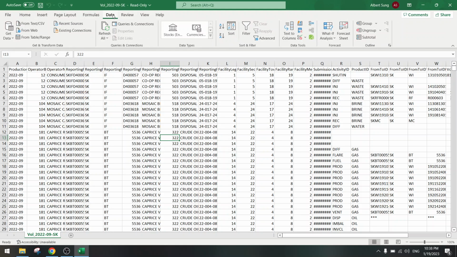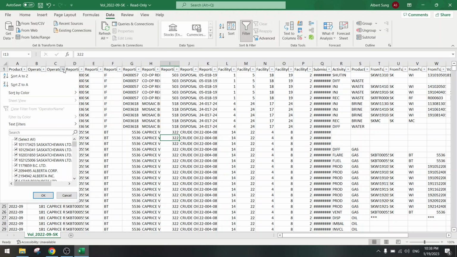Here we can filter on the operator, which is Prospera.